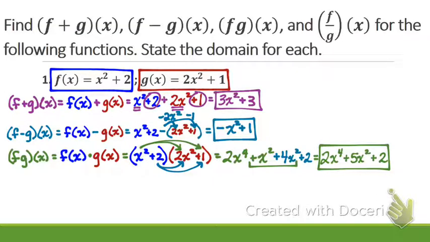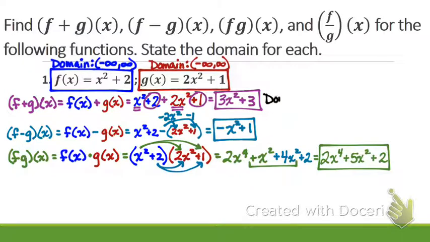I said all three of these have the same domain. So let's do that real quick and then we'll go do our quotient. What is the domain of f of x? What are you allowed to use for x? All real numbers. What about for g of x? What's the domain there? All real numbers. So what do you think my domain would be for the sum, the difference, and the product?